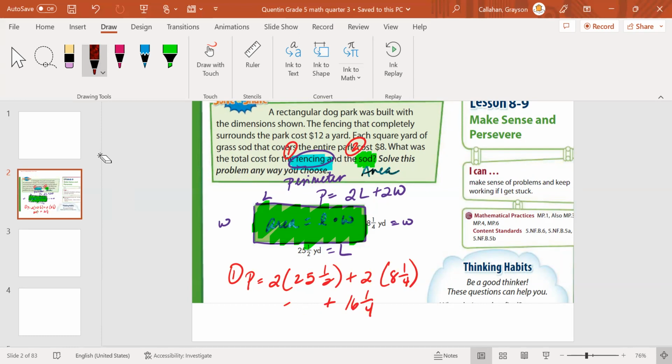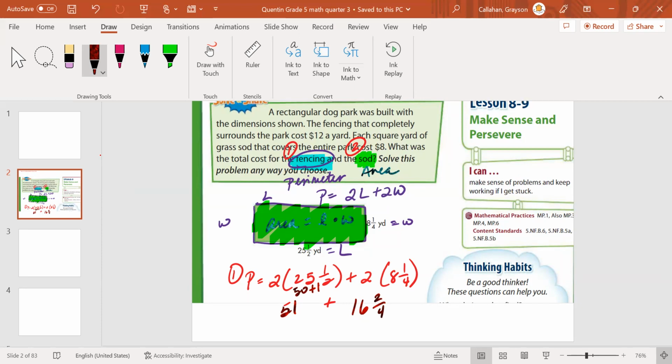So technically this will actually be 51. Is that what you have? Two times 25 is 50. Do you see that? 2 times 1/2 is 2/2, which is going to be a 1. So 50 plus the 1 is going to give you 51. Do you see that?